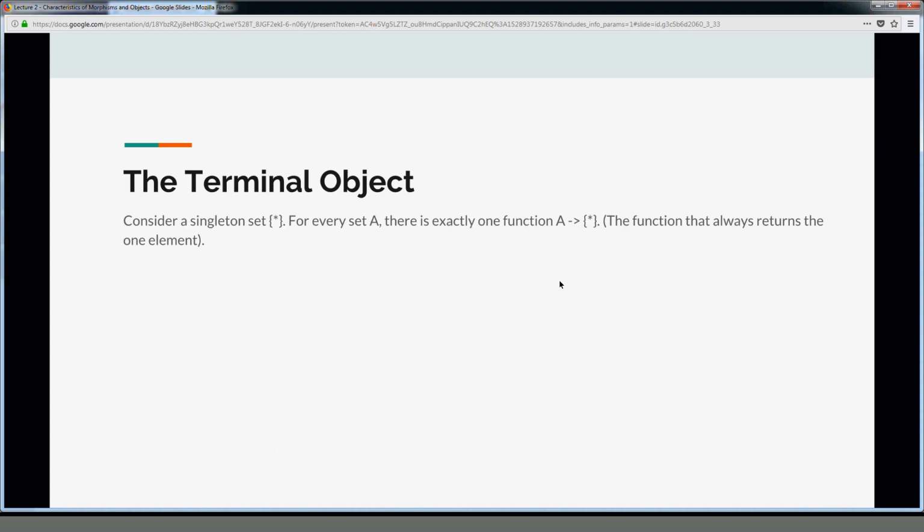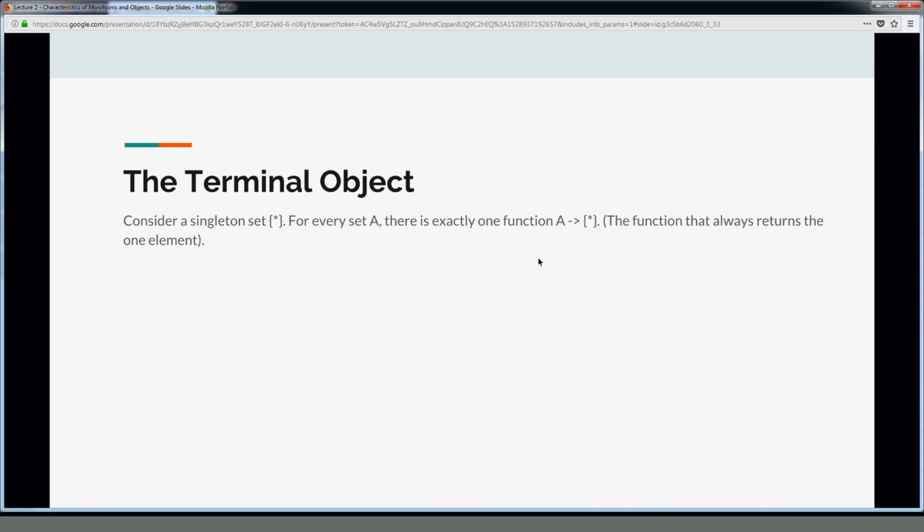There are functions between any sets, so Set has a lot of morphisms in it. But there's exactly one function from any set to the singleton set, and there's only one way to do that. It's just the constant function that returns that one element.